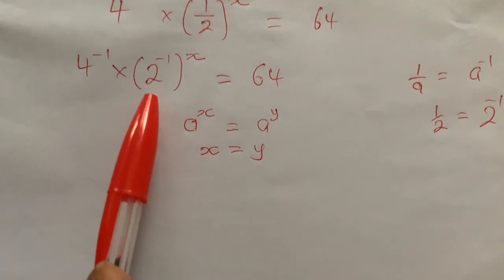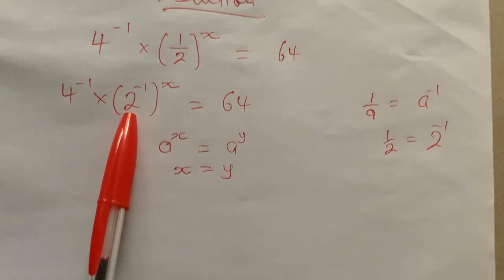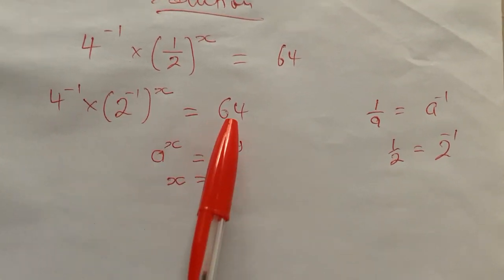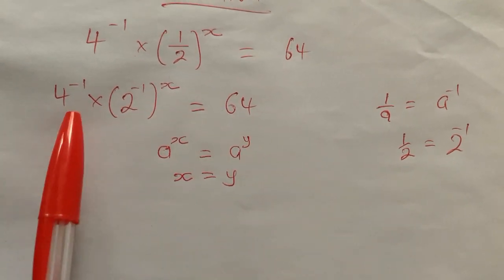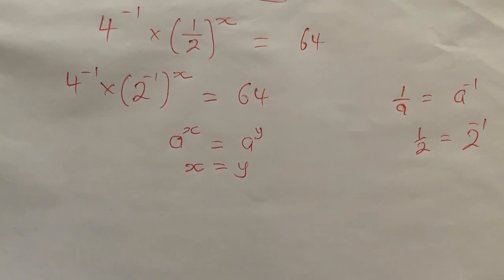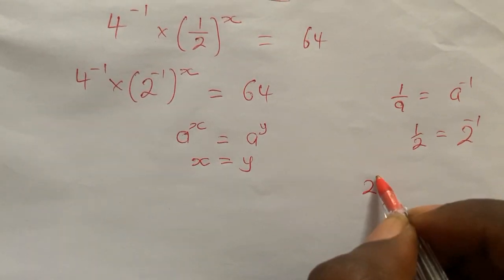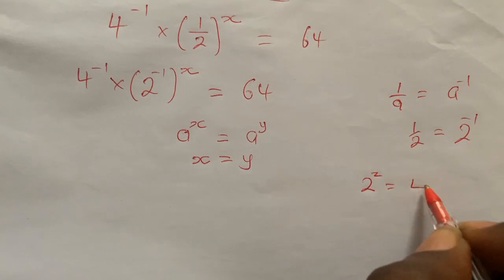But the least base we have here is 2. So we got to try all our best to make these bases become 2. We have to reduce the bases to 2. And in doing so, for 4, 2 raised to the power 2 is equal to 4.